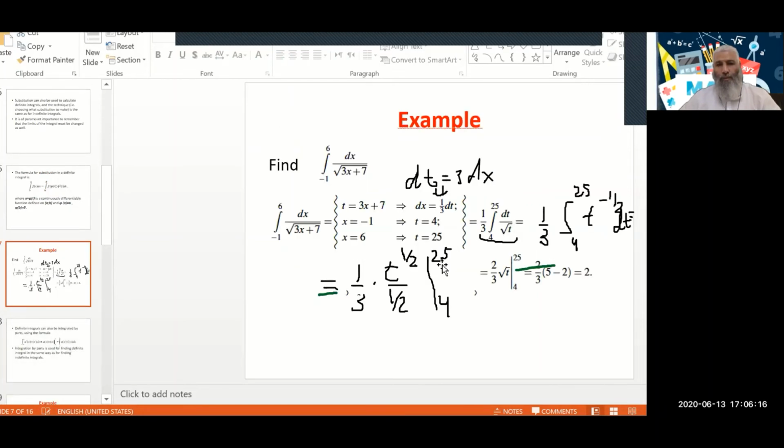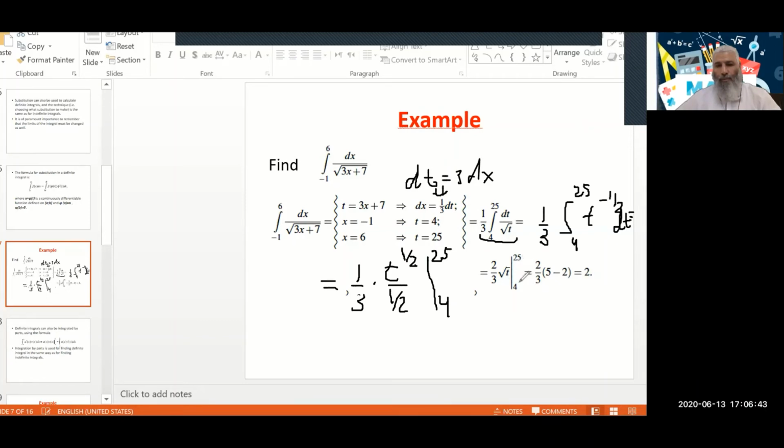You see here, this is t power 1/2 over 1/2, so the root t.